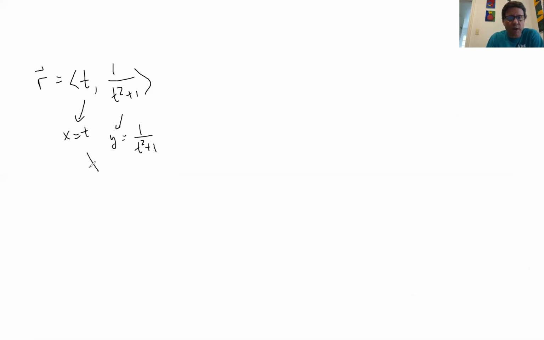So if we try and plot this thing, t, 1 over t squared plus 1. I think the easiest thing is to say, well, that means that x is t and y is 1 over t squared plus 1. So if I eliminate the parameter, this would be y equals 1 over x squared plus 1. And so I just need to plot that.